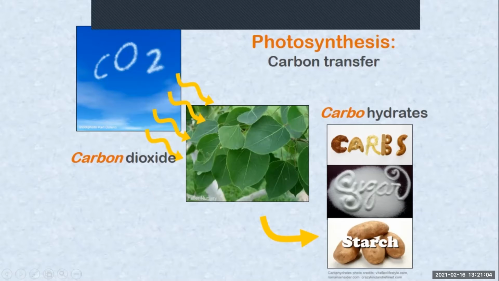And it's in those carbon bonds in the carbohydrates where the energy is actually present. So it captures that energy and puts it into carbohydrates. So I'm going to mention carbohydrates, carbs, sugar, starch, energy, all as the same thing, so that I will be mentioning that throughout the talk this afternoon.